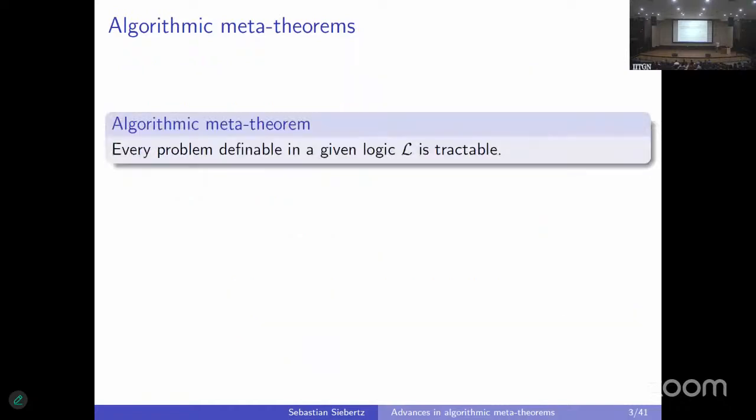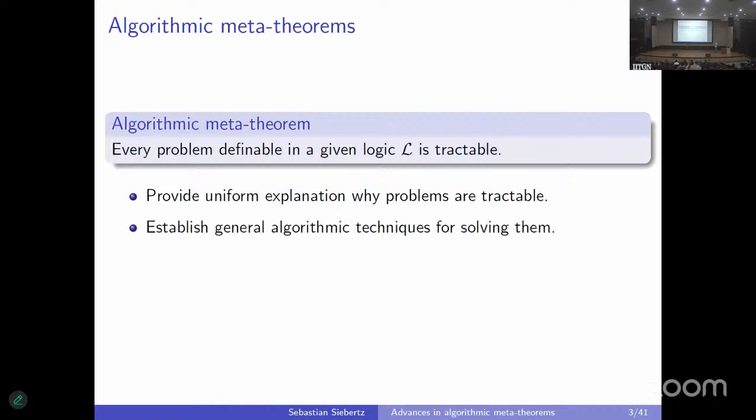And what we are looking for at this point, we want to say every problem we find within a certain logic is tractable. So what is the use of such a theorem? Of course, it's a very general theorem. It gives a uniform explanation why all of the problems in this logic are tractable. We also care for the techniques that we use.